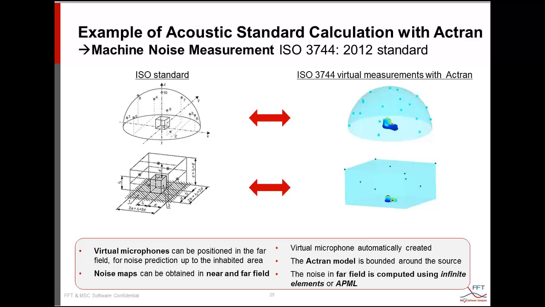So it is therefore very interesting to compute the noise as specified in the standards, whether it is outside or inside the vehicle. For the measurements of machine noise, the Actran graphical interface allows to set automatically virtual microphones as specified in the standards ISO 3744. So the simulations are performed in the same way as in experiments, and comparisons of results are thus easier.